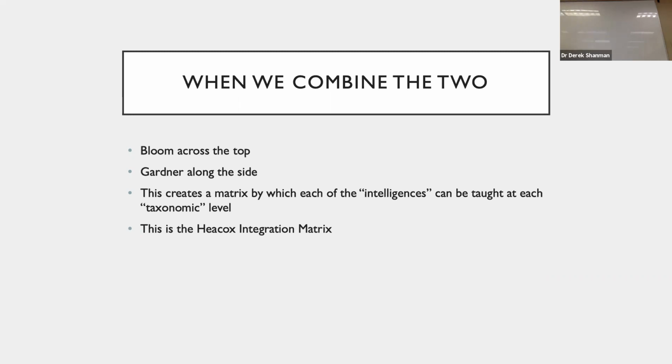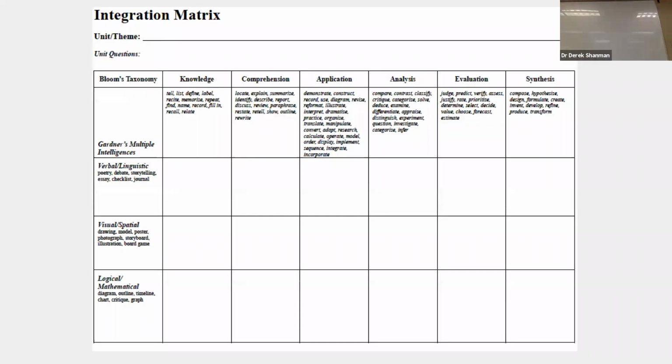However many levels there actually are, I can't remember. This concept, this tool that we end up with, is called the Hecox integration matrix. And I'll show you what I'm talking about. I know that's hard to read.